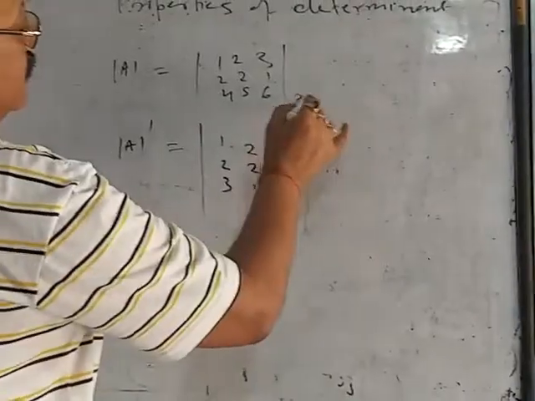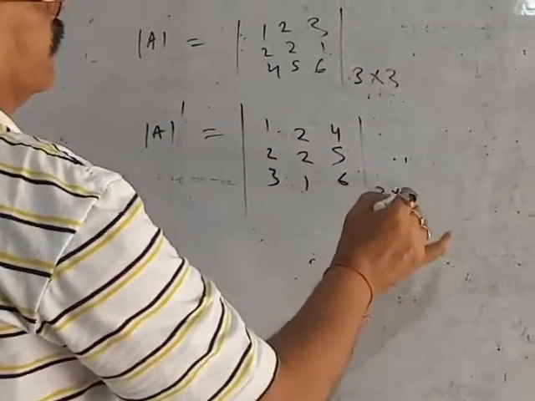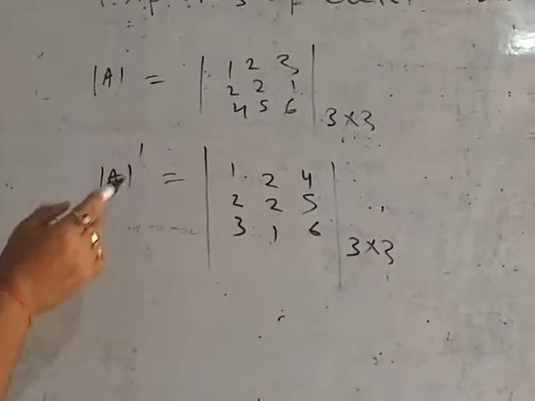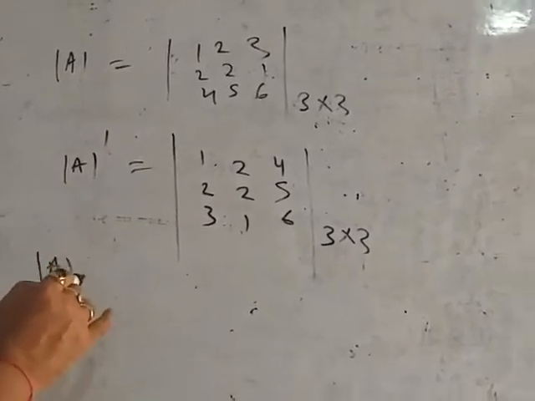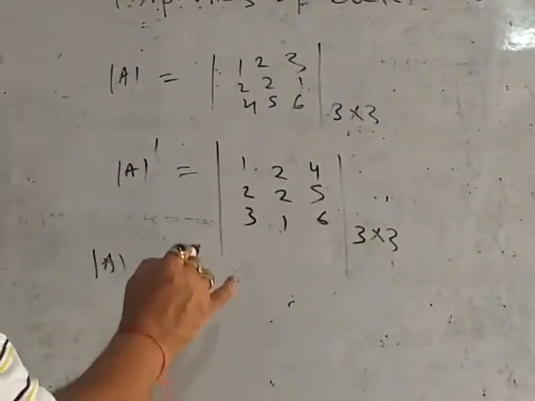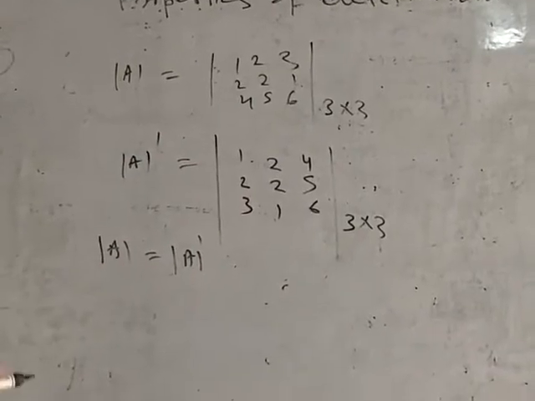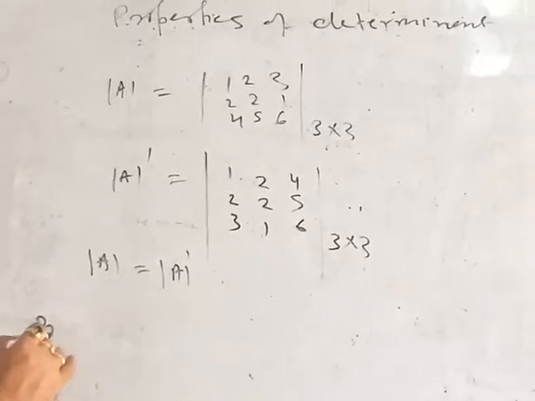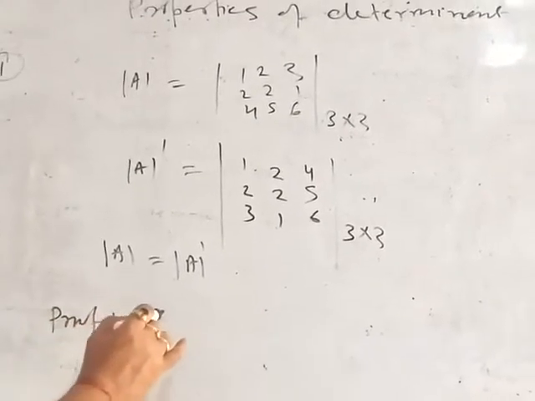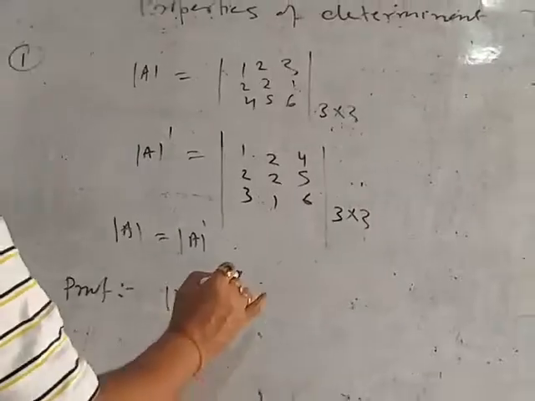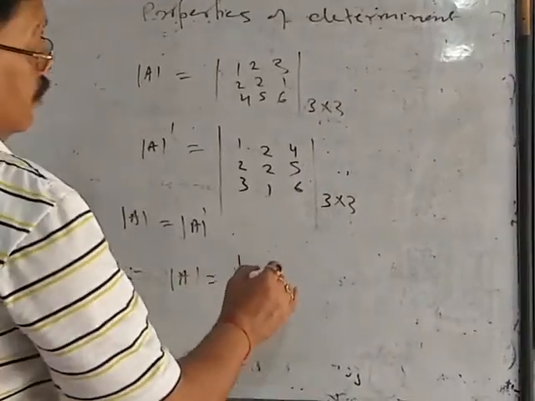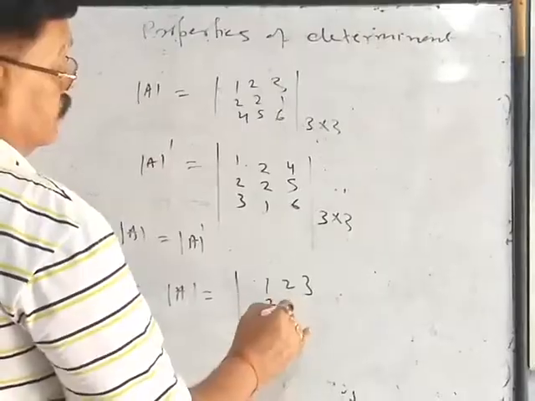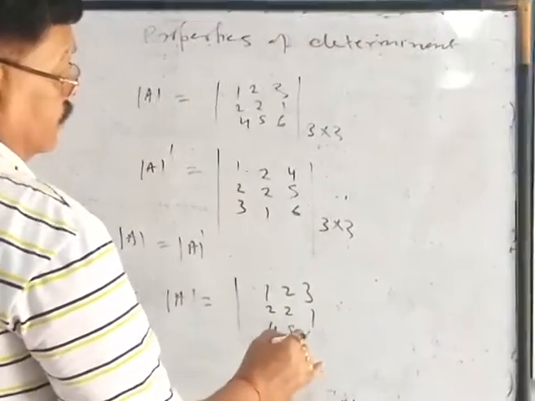We can see that both values will be the same. Determinant A is equal to determinant A dash. We can prove this also. Proof: determinant A is 1, 2, 3, 2, 2, 1, 4, 5, 6.